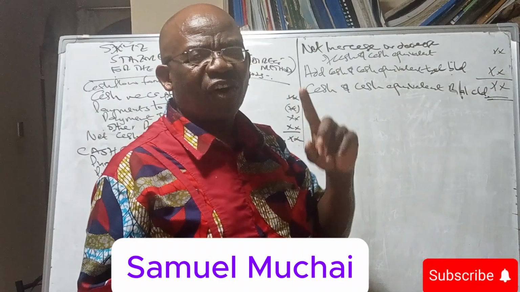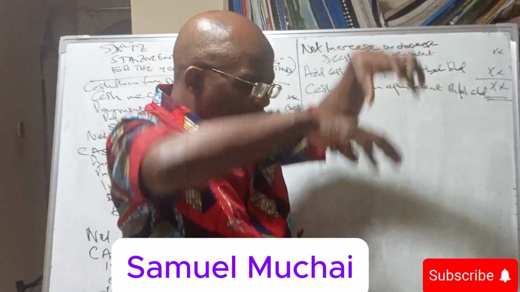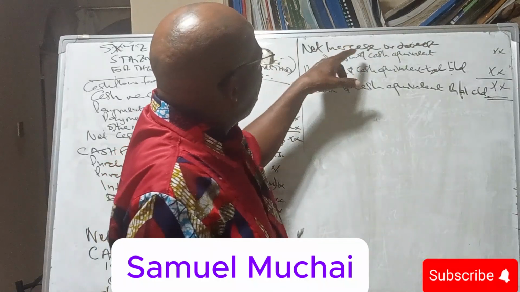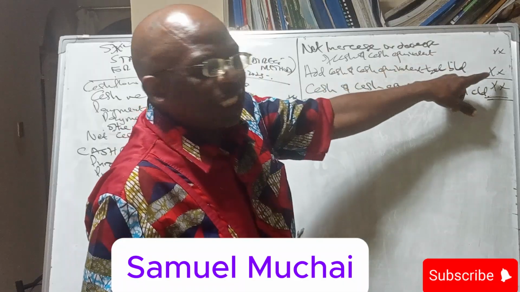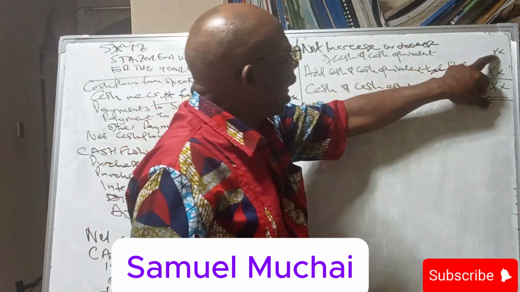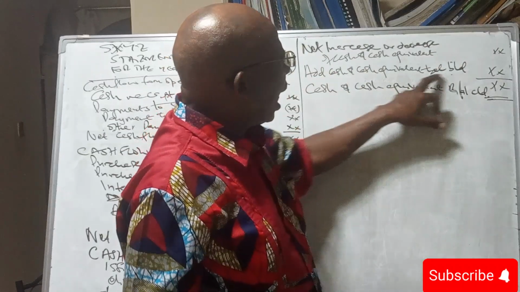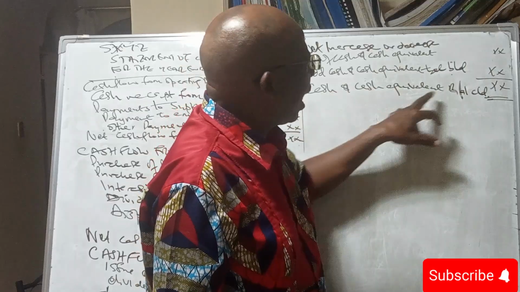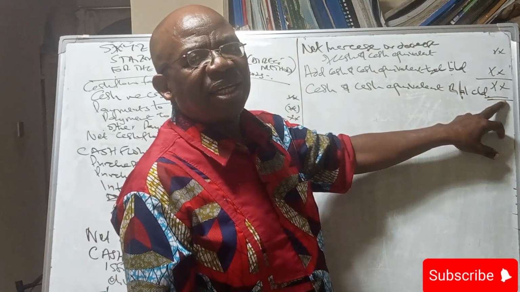If it is negative, it will decrease. If it is positive, it will increase. So if we add what we had at the beginning of the year, we will get what we have at the end of the year.